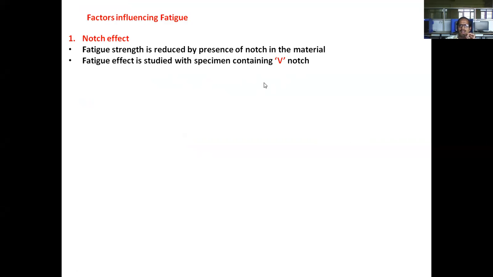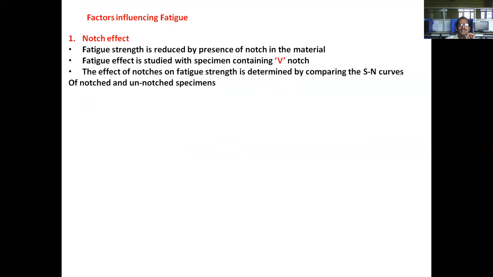We purposely create a V notch in the specimen and study its fatigue phenomena. The effect of notches on fatigue strength is determined by comparing the S-N curves of notched and unnotched specimens. The same specimen with notching, what is the fatigue strength, and in the unnotched state, what is the fatigue strength, can be compared, and then fatigue strength is determined.